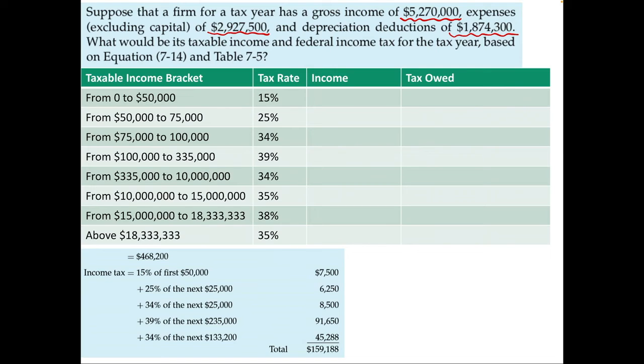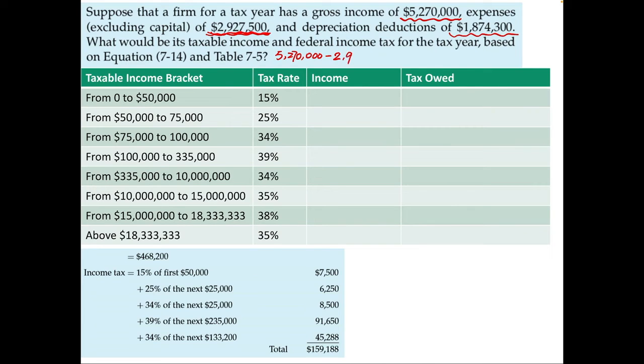Okay, so first you need to use that equation to calculate the taxable income. Remember that equation? You use the gross income, which is 5,270,000, minus the expenses, excluding the capital investment. This number is already excluding the capital investment, so you can just take it out from the gross income.